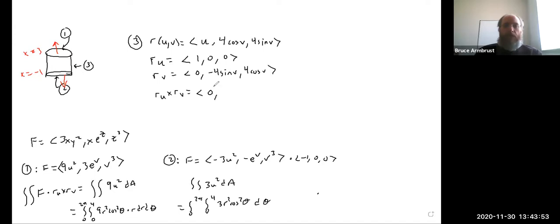And now we're going to get minus 4 cosine, and then minus 4 sine. All right. But again, the question is, is that pointing the right way?